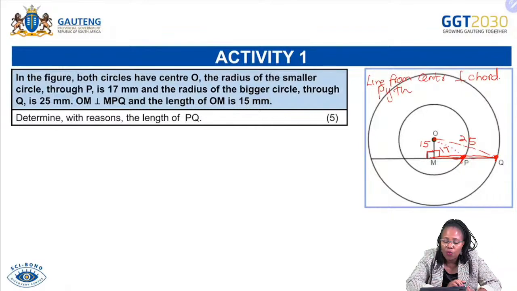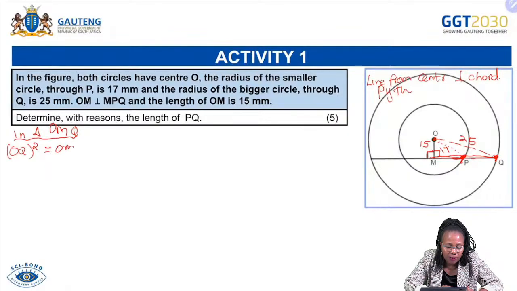So that means now we need to find the length MQ in triangle OMQ. Which side is the hypotenuse? OQ. OQ squared is equal to which other two sides?